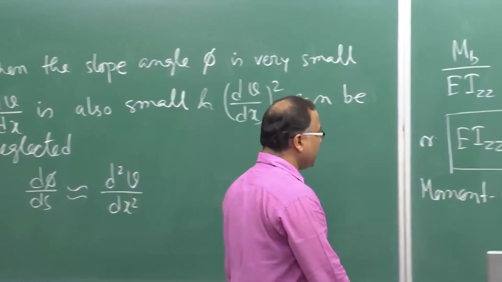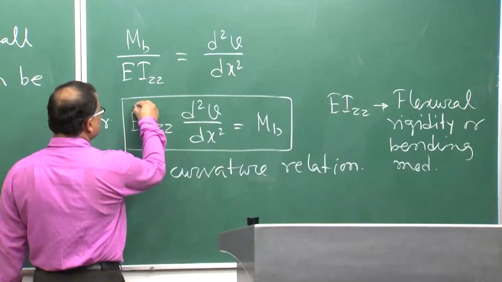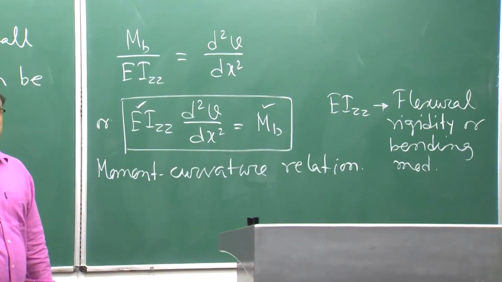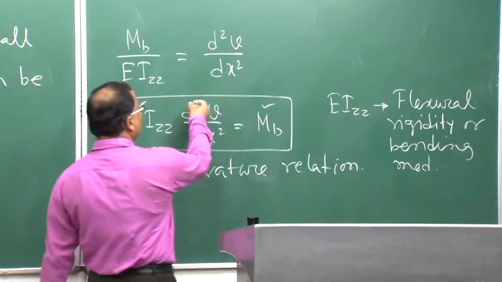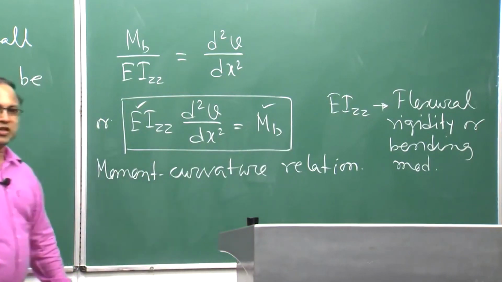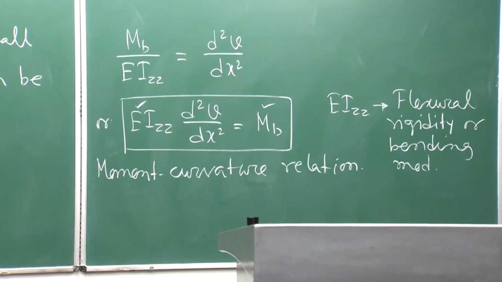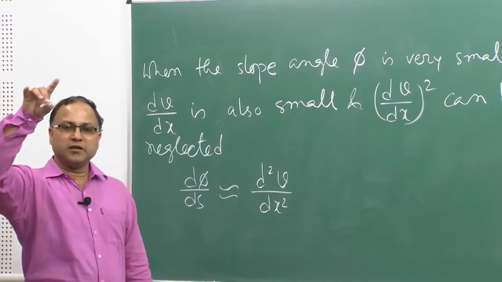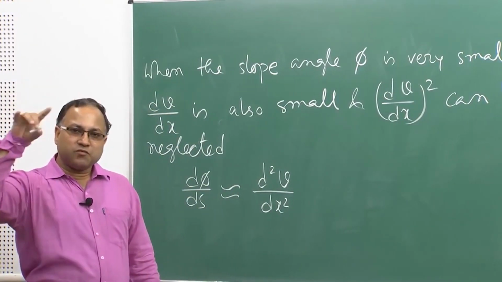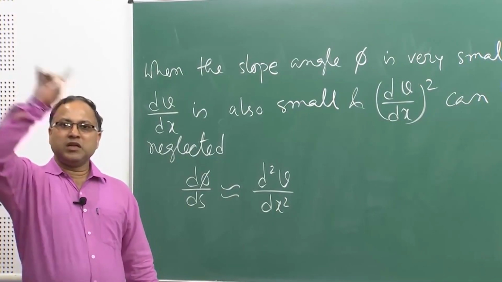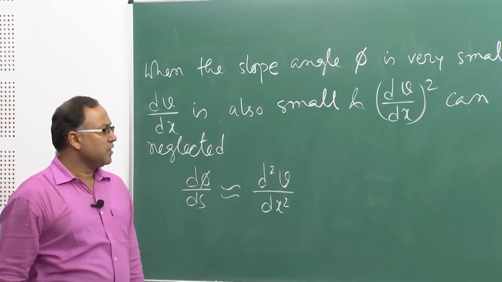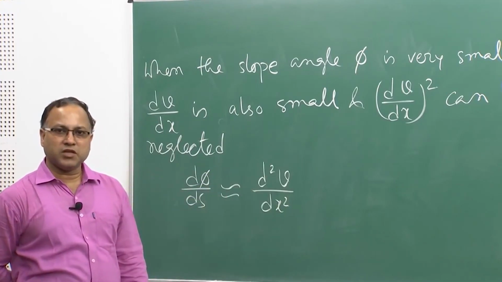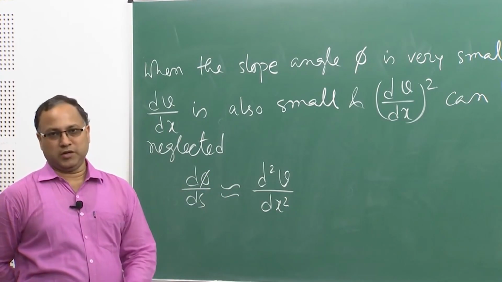Once you know this and how much bending moment is applied, you can solve this differential equation to get V. What is V? V is the deflection, the departure from its original horizontal position to the curved position, as I showed in the figure. This V can be obtained by solving this differential equation with proper boundary conditions.